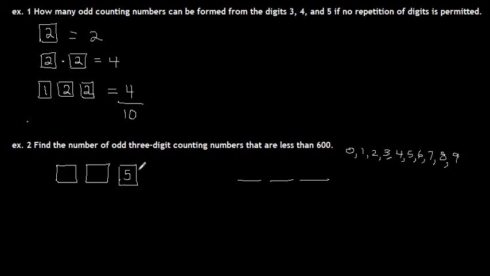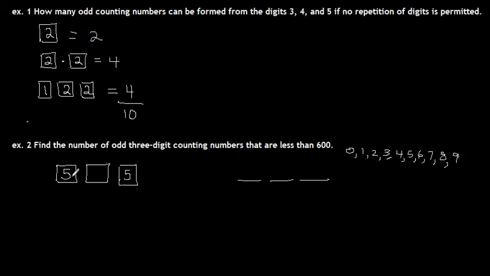Now we need the number to be less than 600. If we had a 6 here, that would be too big. So the only numbers we can have here are 5, 4, 3, 2, and 1. You can't put a 0 here because then it wouldn't be 3 digits. So there's 5 possible numbers that we can put here to have a number less than 600.